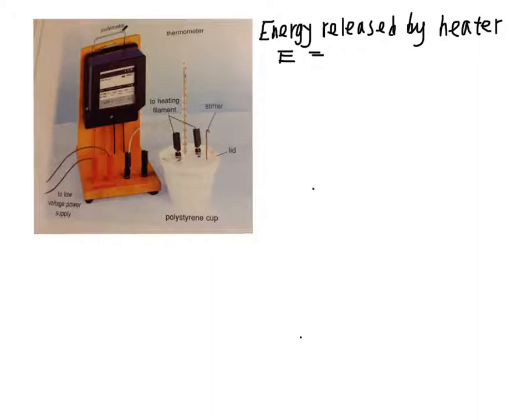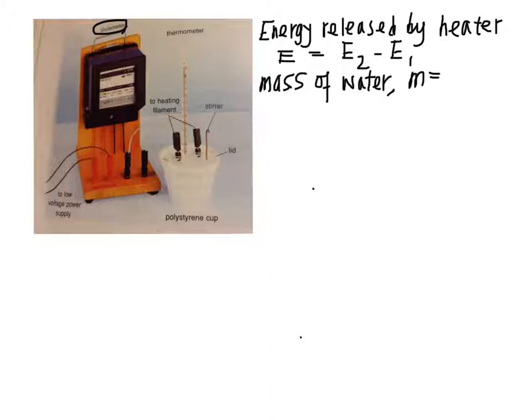Since the joule meter measures the energy released by the heater, the energy released by the heater during the experiment in the time T would be E equal to E2 minus E1, the final joule meter reading minus the initial joule meter reading.